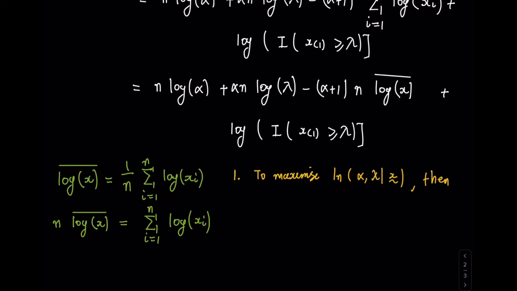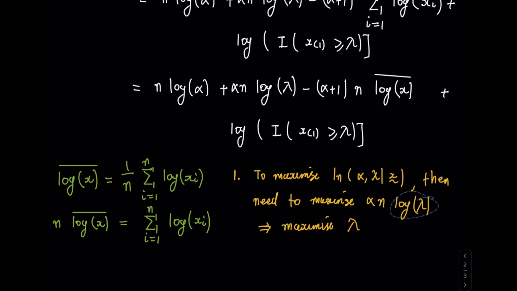So we actually need to maximize alpha n log lambda, which is equivalent to maximizing lambda, because the log function is a one-to-one function which is continuously increasing in terms of lambda. So that's observation 1. To maximize the likelihood function, we need to maximize the value of lambda.